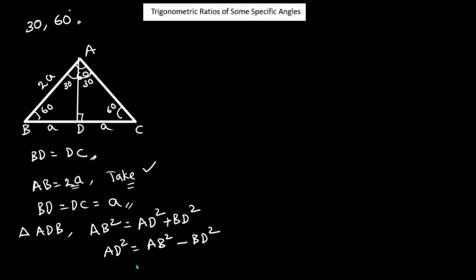Now, what is AB square? AB we have taken as 2A, so let's substitute 2A here. 2A whole square minus BD square, and BD is A, so A square. So AD square is equal to 2A square minus A square. 2A square is 4A square, minus A square, which is 3A square.